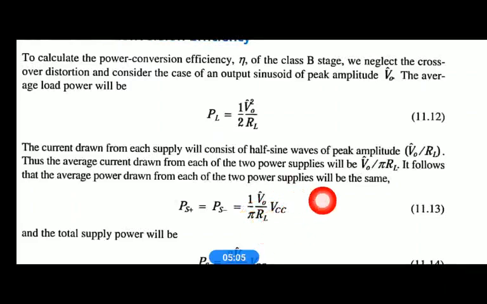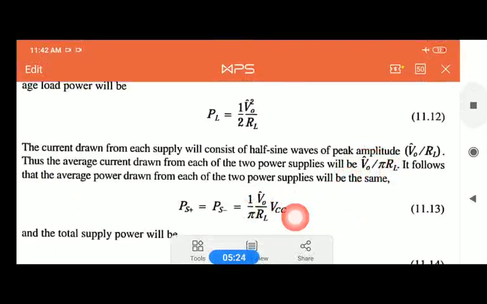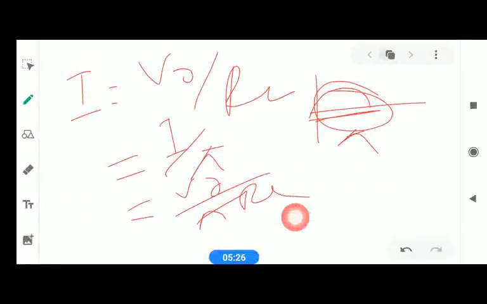The one power supply, say plus VCC, will give you this much current and this much voltage VCC. So VCC into this current is the total supply power by one power supply.